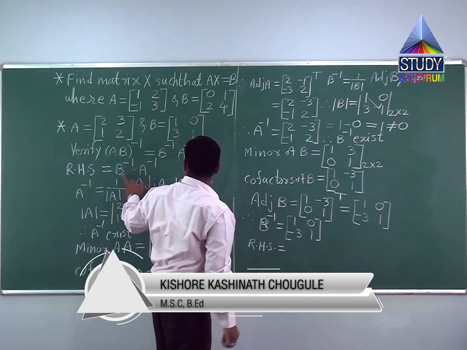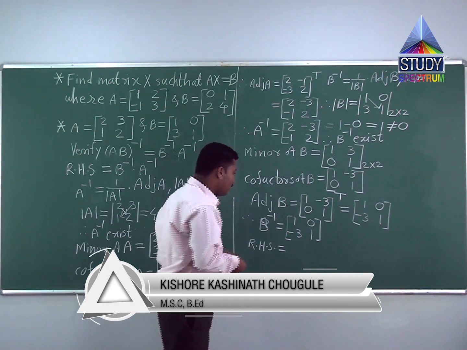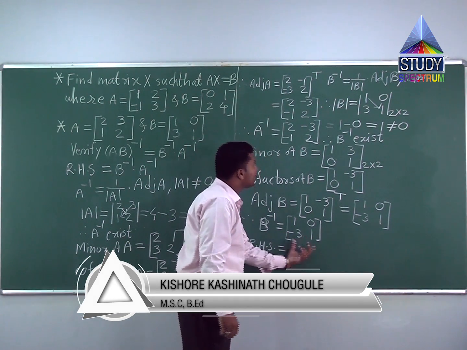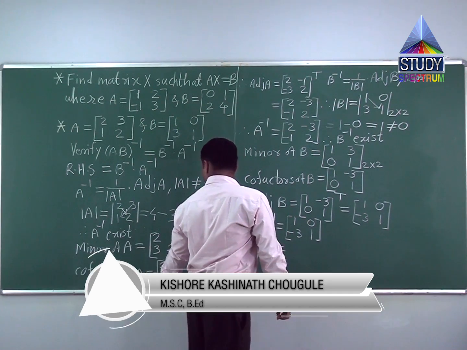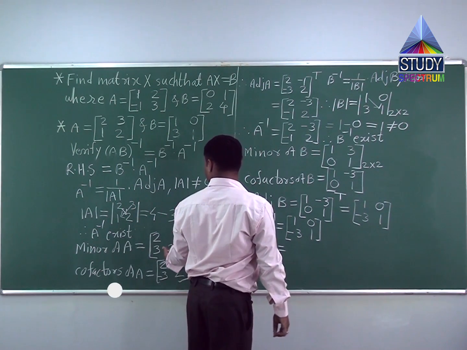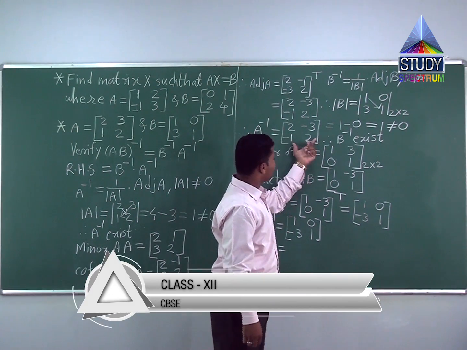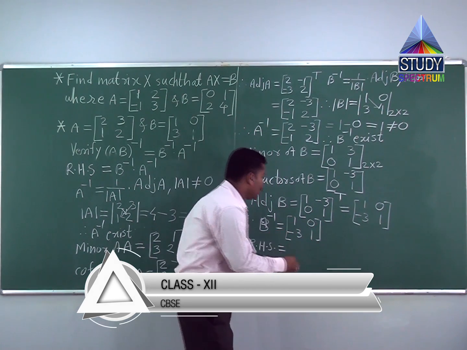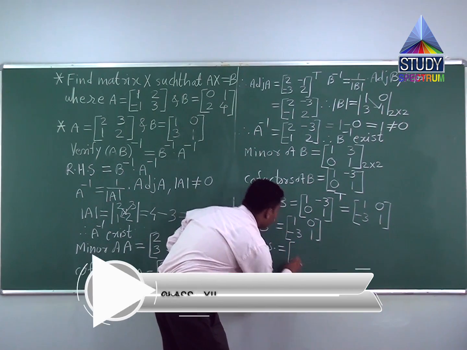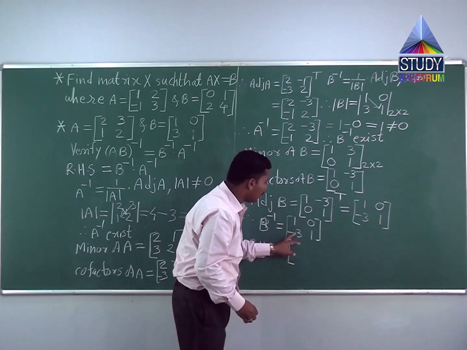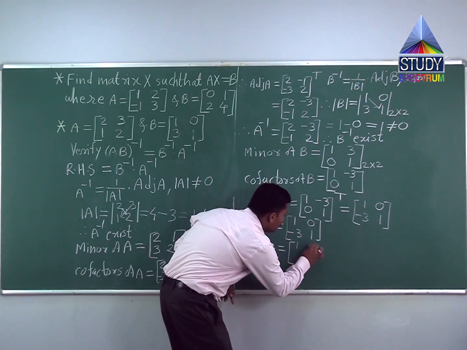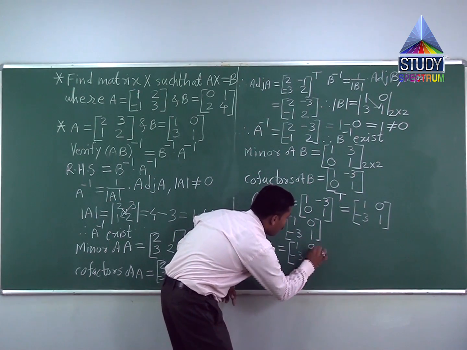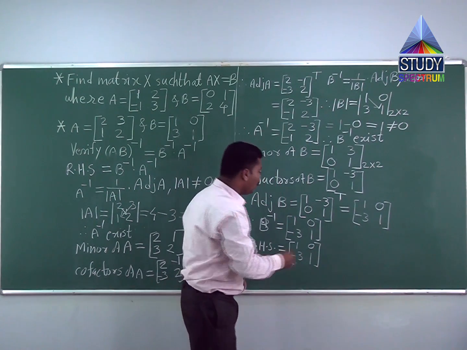B inverse into A inverse. Here is B inverse, and here is A inverse, and we multiply both. B inverse is 1, 0, minus 3, 1, into A inverse.